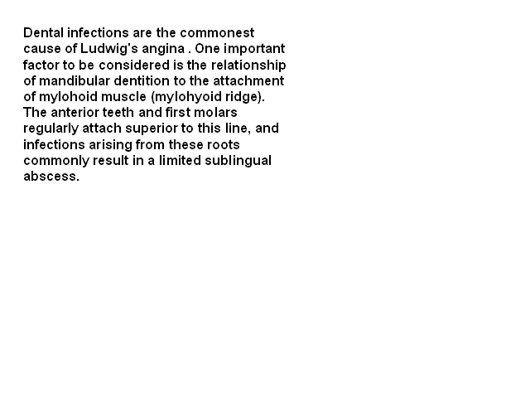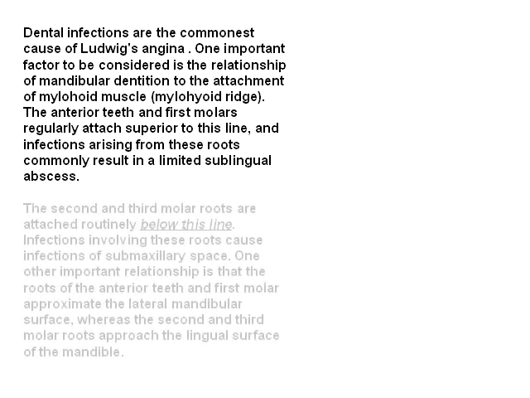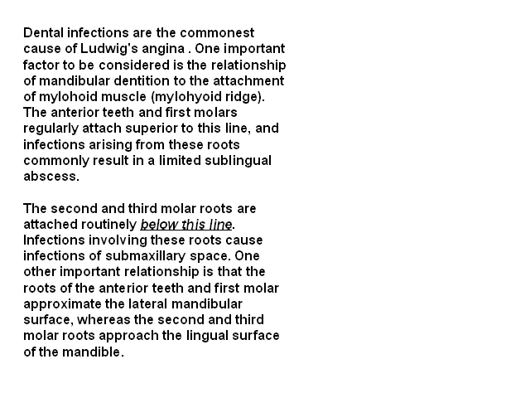The anterior teeth and first molars regularly attach superior to this line, and infections arising from these roots commonly result in a limited sublingual abscess. The second and third molar roots are attached routinely below the mylohyoid ridge, and infections involving these roots cause infections of the submaxillary space.